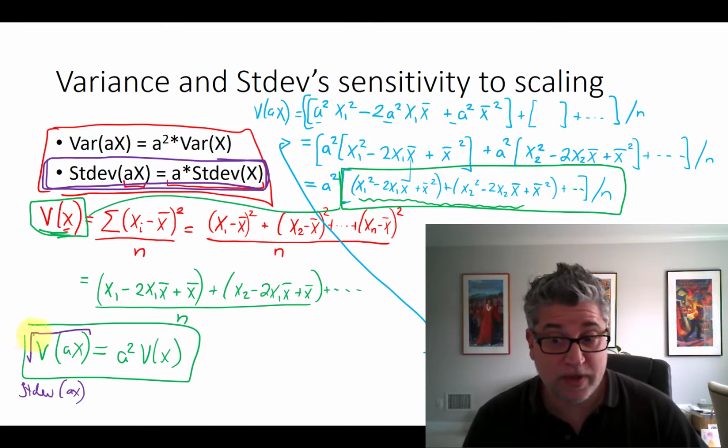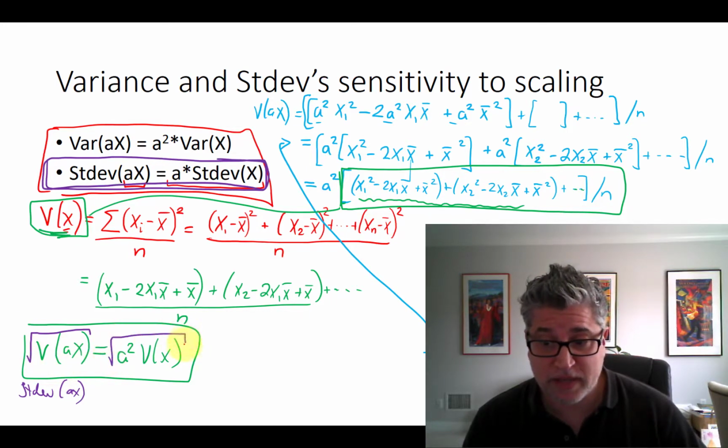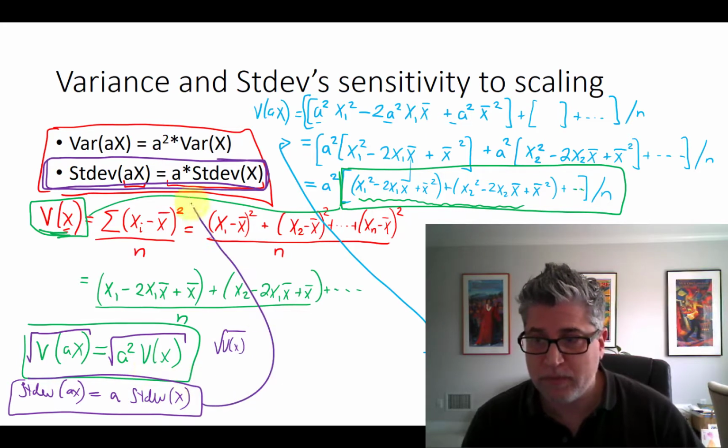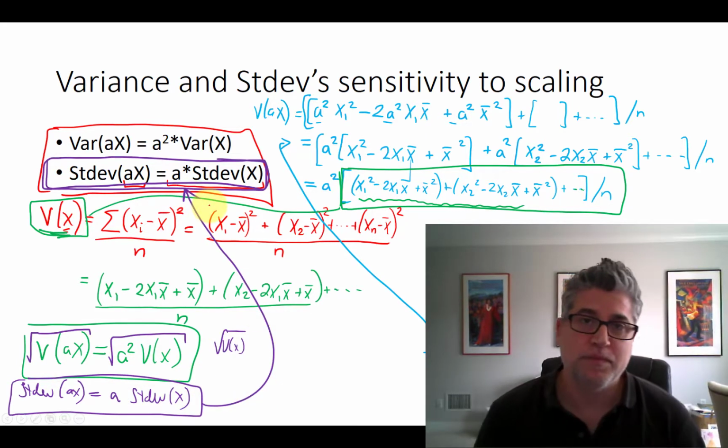And if I take the square root of the left side, I've got to take the square root of the right side. Now the square root of a squared is just a, leaving me with a times the square root of the variance of x, which we know is just the standard deviation of x. And so we've just proven what we wanted to prove.